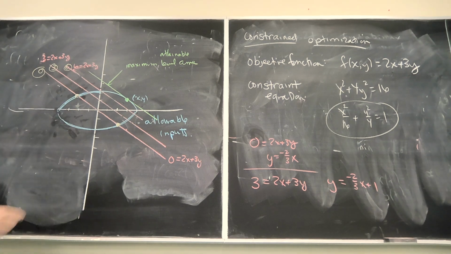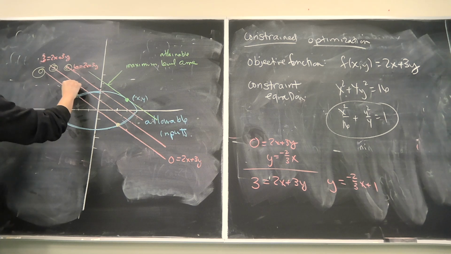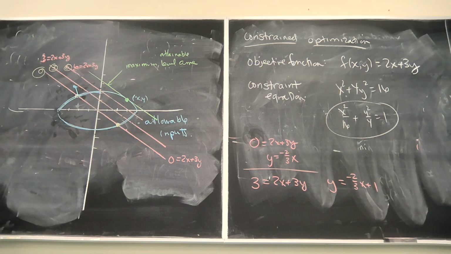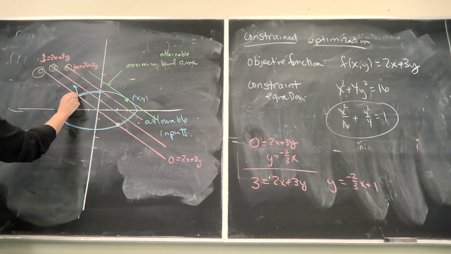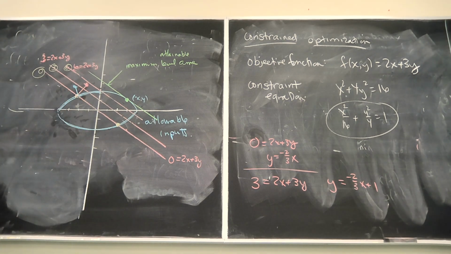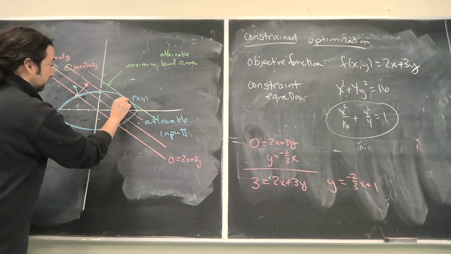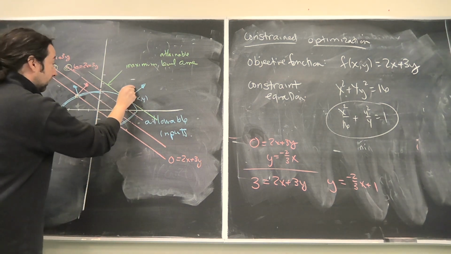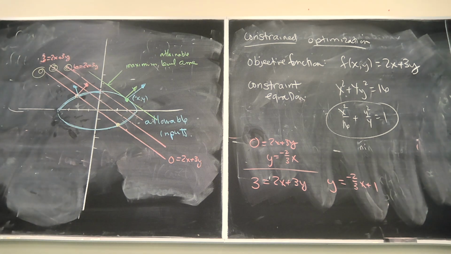The gradient vector to the ellipse points this way because gradients are perpendicular to level curves. The gradient to the pink line at that point would go this direction. So the gradient of the ellipse and the gradient of the curve point different directions. But when you get out to the green curve, the gradient of the ellipse and the gradient of the green curve are parallel to each other. They're not the same because they're two different functions, but they point the same direction.